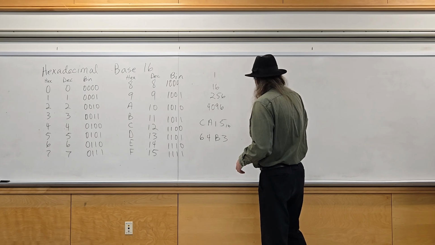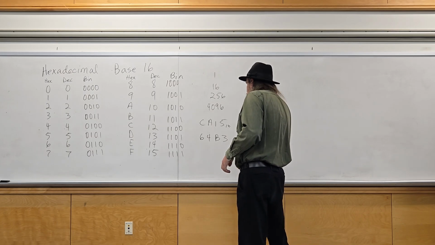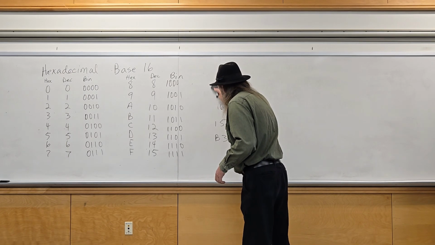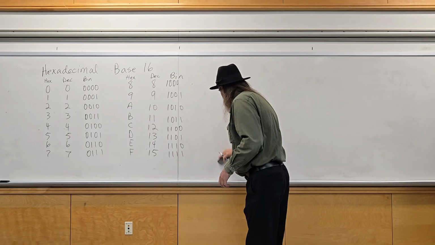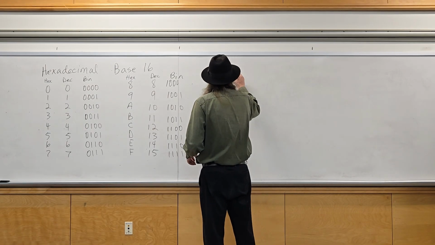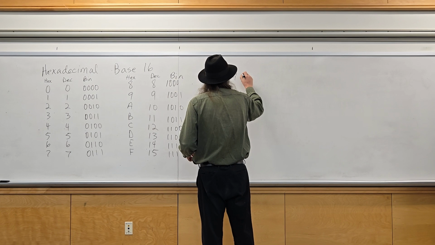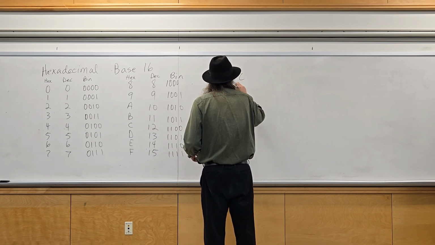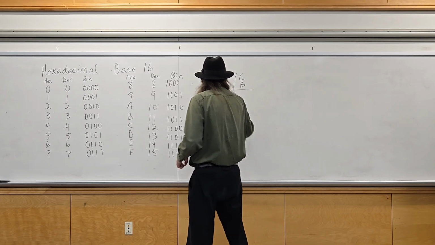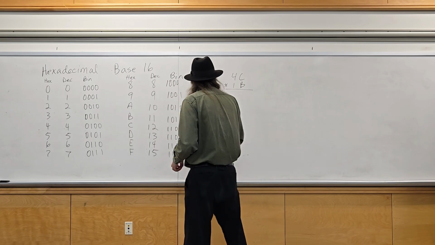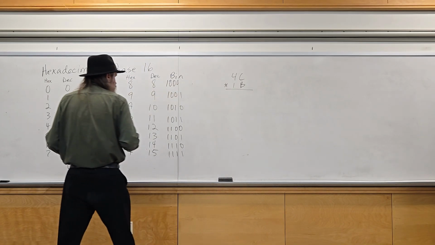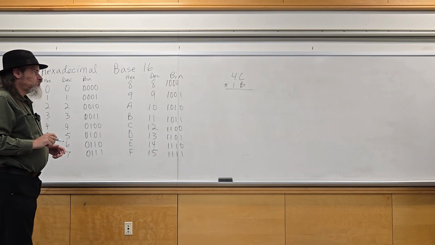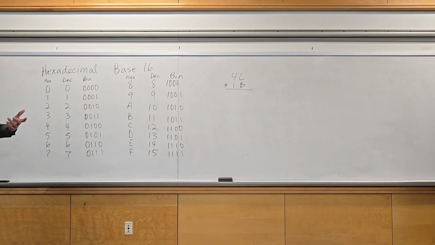So you would do, say, 4C times 1B. What's B times C?